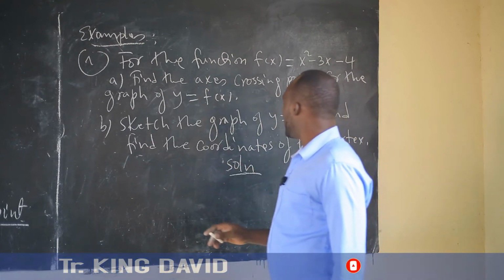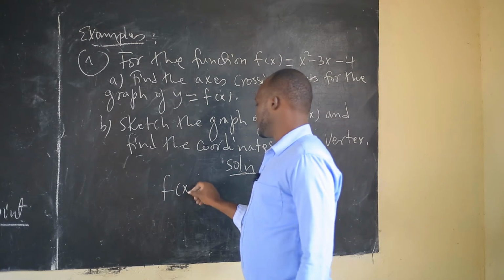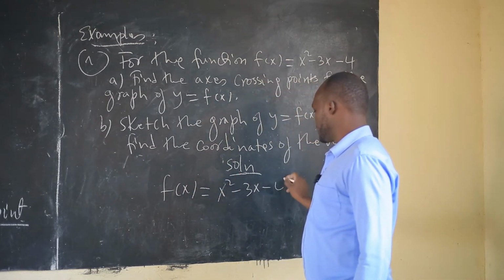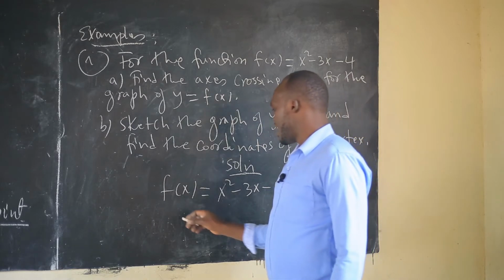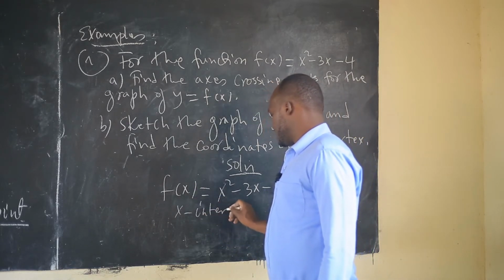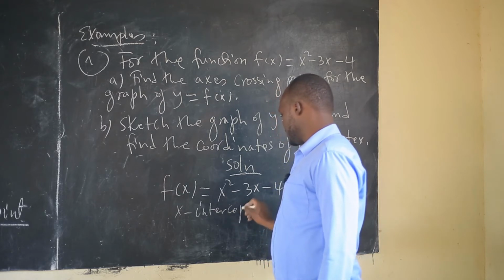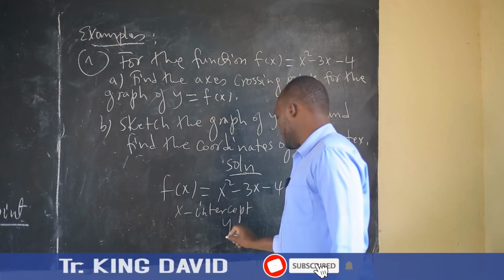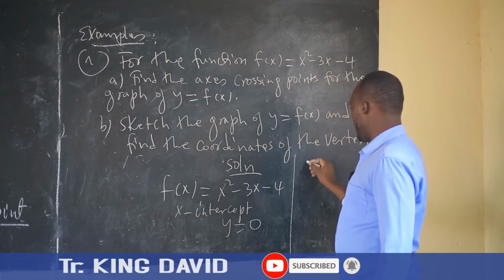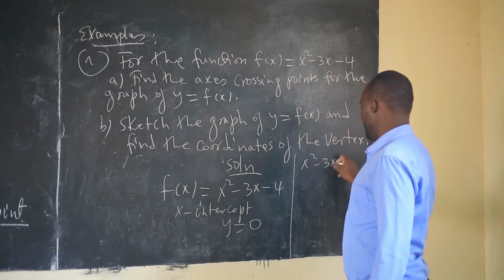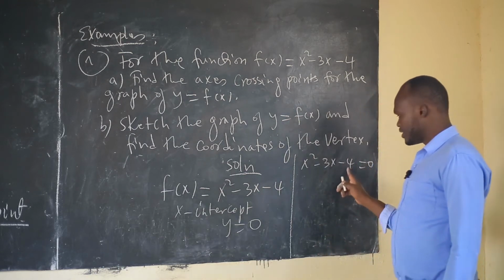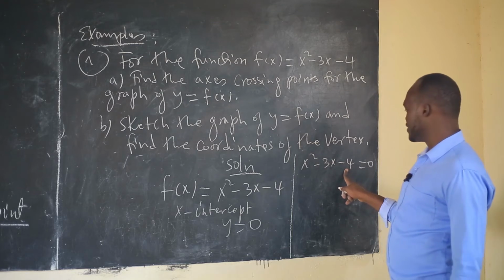So we have f of x equal to x squared minus 3x minus 4. To find the axes crossing, we start with the x-intercept, which is when y equal to 0. So x squared minus 3x minus 4 will be equal to 0. What two numbers multiply to get negative 4 and add to get negative 3?